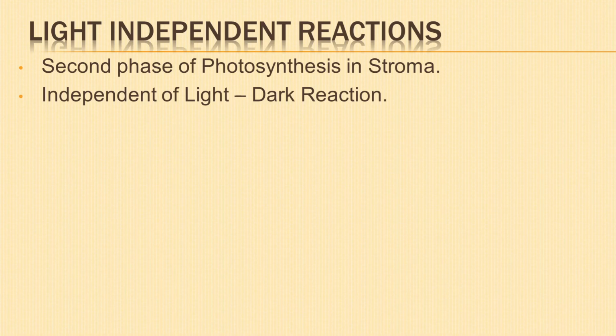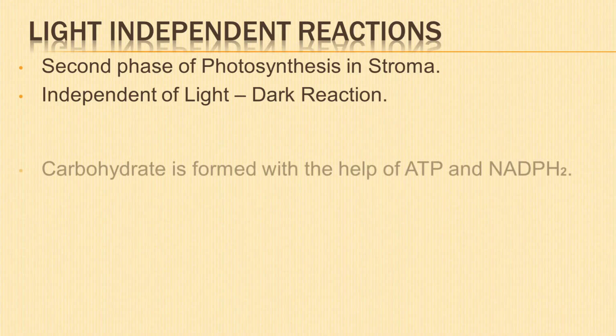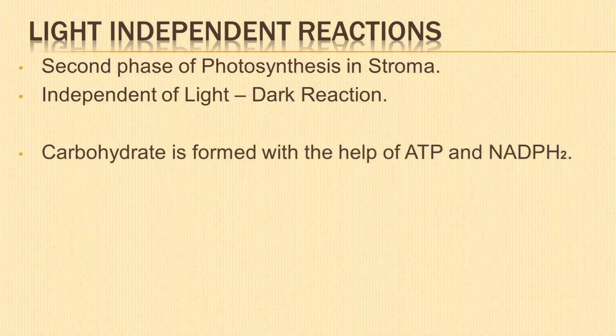It is a biochemical reaction in which CO2 is reduced to form carbohydrates with the help of ATP and NADPH2. Calvin worked out the pathway of carbon, and therefore light-independent reactions or dark reactions are also known as Calvin cycle.